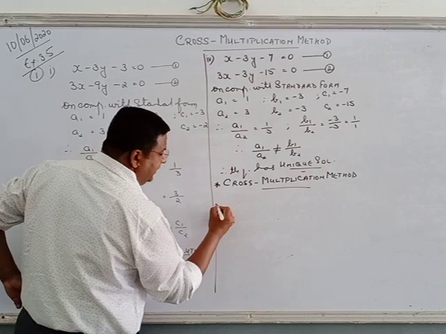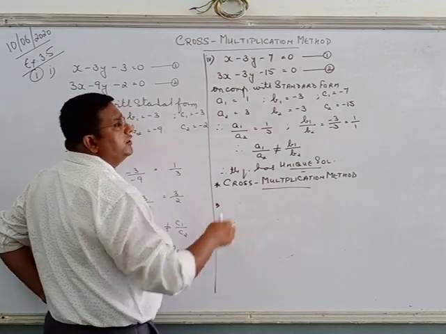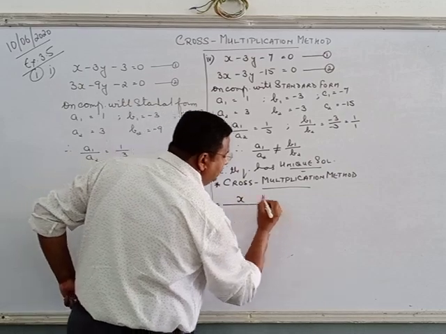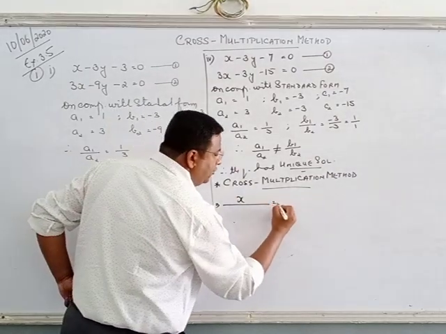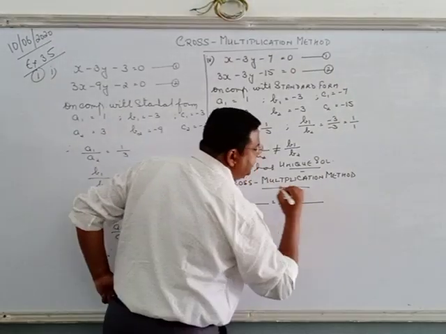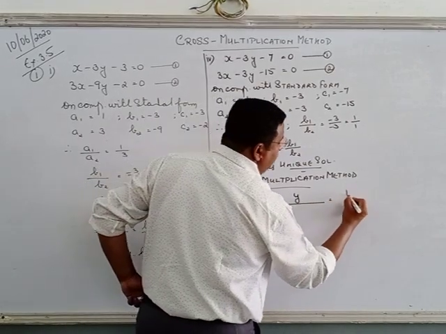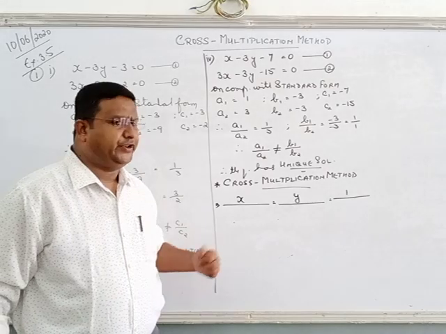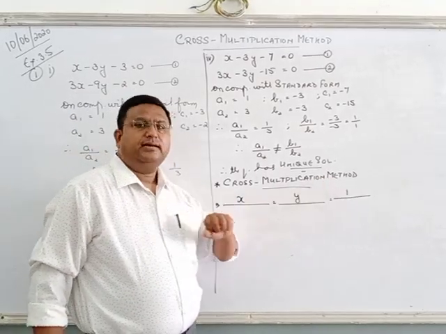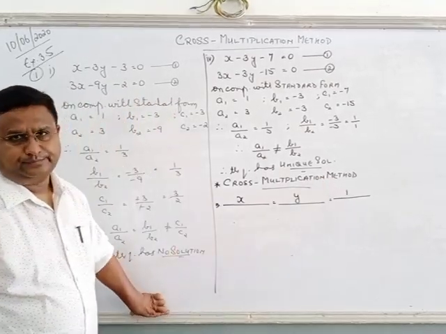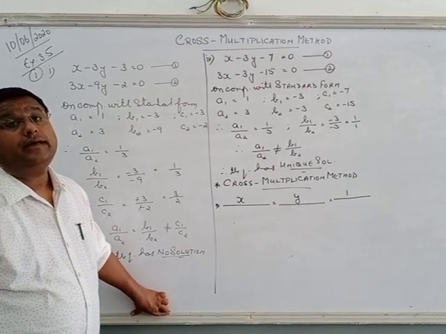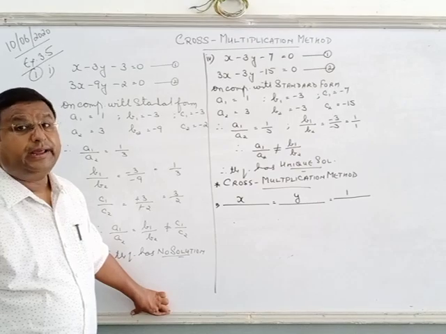Now for cross multiplication, we need to find the values of x and y, that is the variables. So x upon something equals y upon something equals 1 upon something. x and y are the variables we need to find. What about this 1? 1 is a constant which does not change any number, either on multiplication or division.